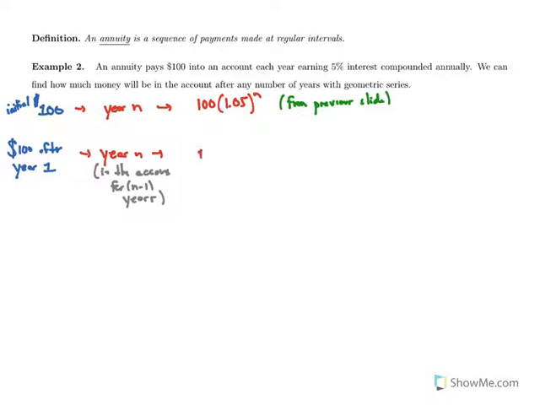So this $100 is only going to be worth 100 times 1.05 to the N minus 1.